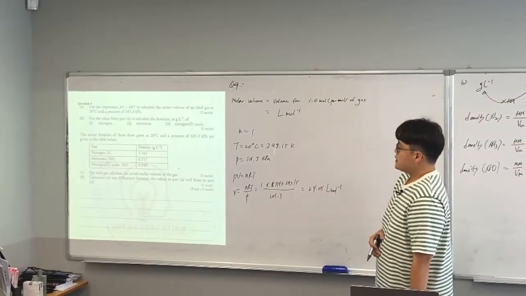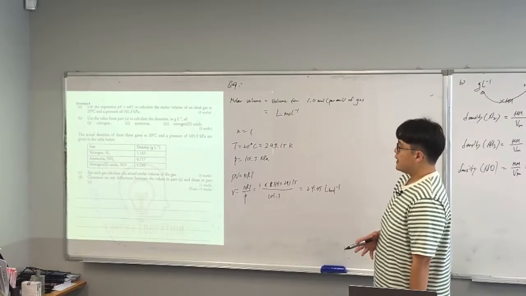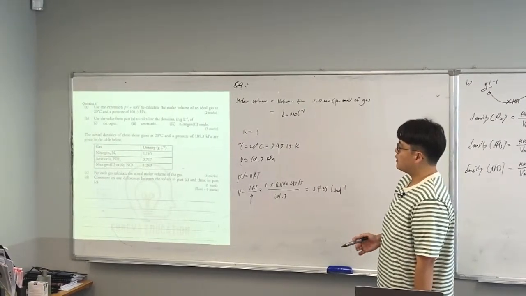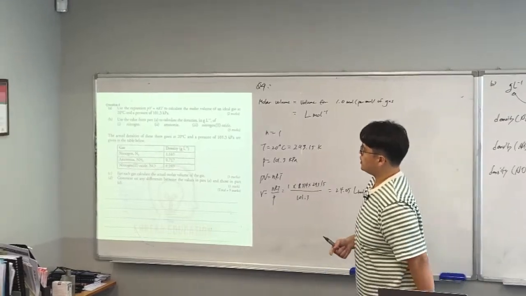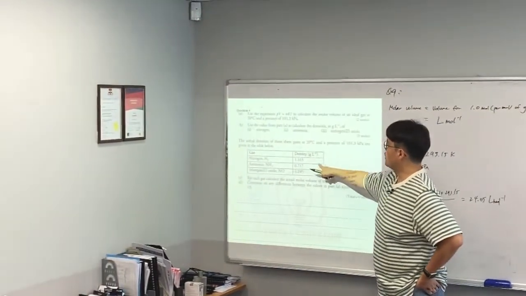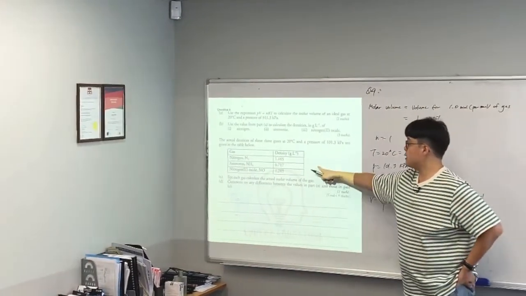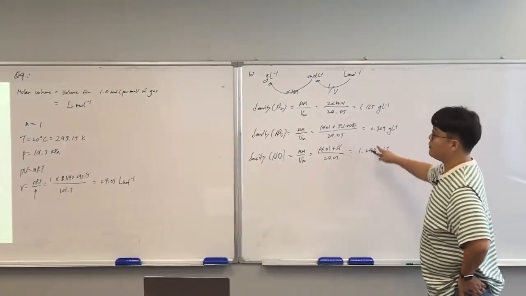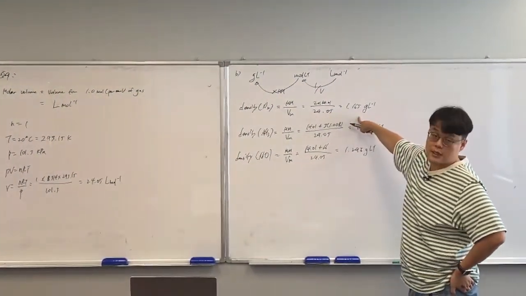The actual densities of the 3 gases at 20 degrees and a pressure of 101.3 kilopascal are given in the table below. Nitrogen is 1.165, which matches our calculated density, which is good.